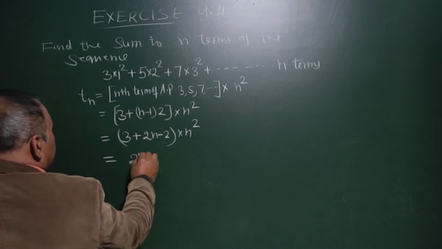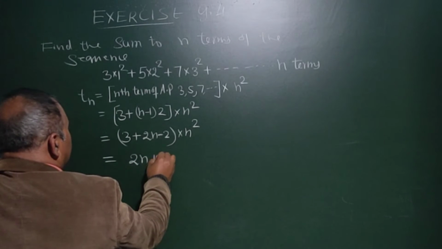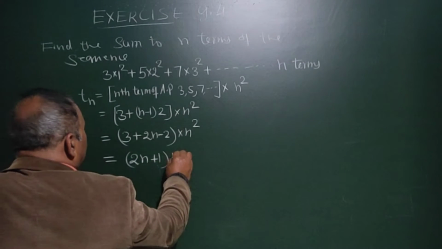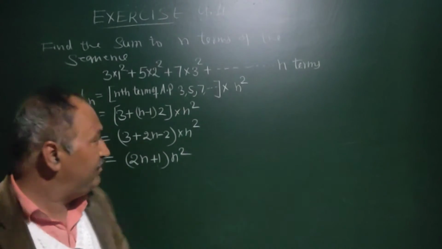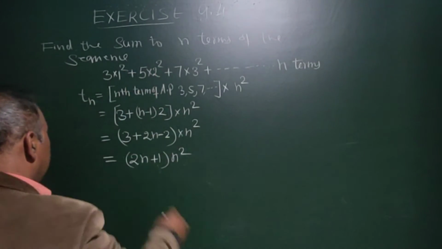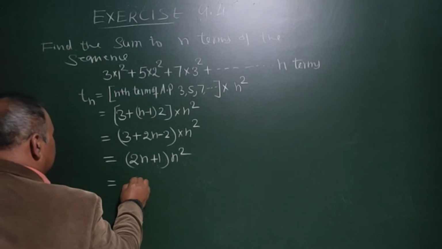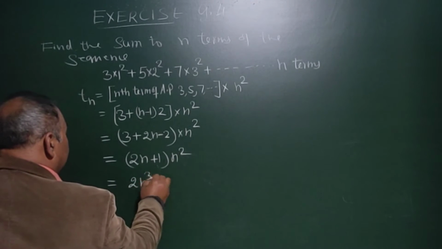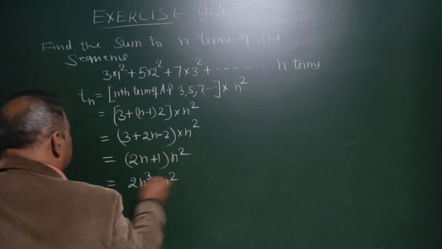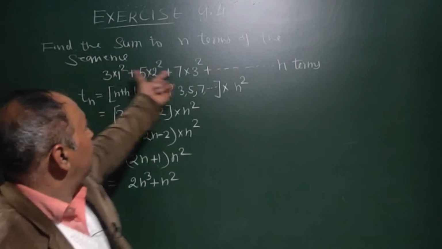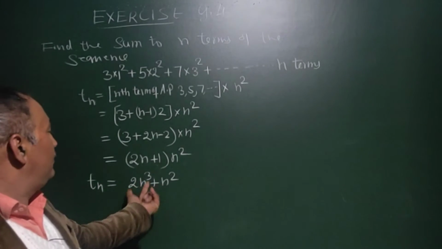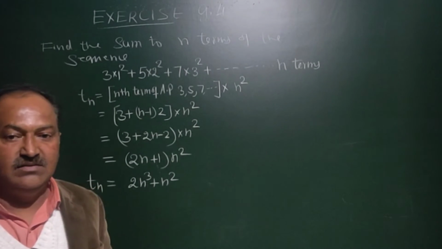It will be equal to 2n plus 1 multiplied by n square. This will be the nth term of this sequence, and it can be written as 2 into n cube plus n square. This is Tn. Nth term of this sequence becomes this 2 into n cube plus n square.